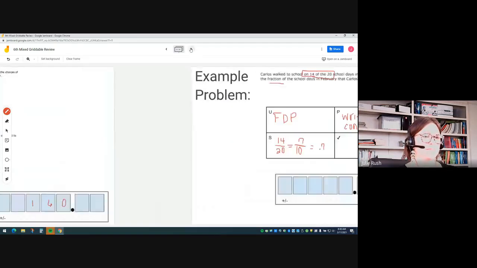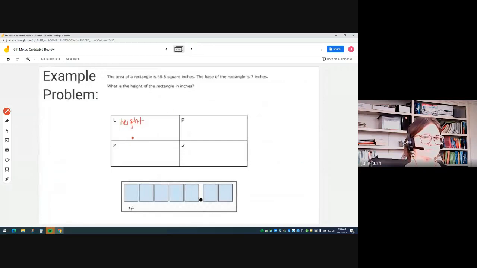Well, then the problem they gave me, so the area equals base times height. But I don't know what the height is. I know the base is 7 though. Okay. So my plan is to work backwards. So this is my plan.